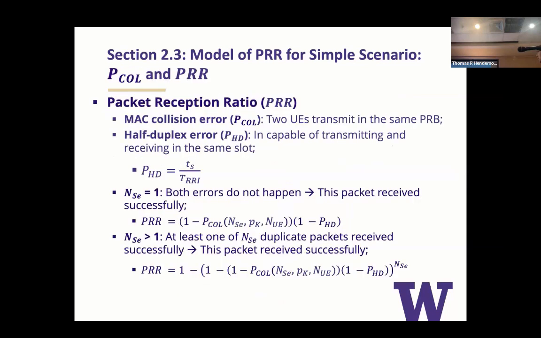Okay, now we focus on the packet reception ratio, which depends on the MAC collision errors and half duplex errors. Again, MAC collision errors happen if two UEs transmit in the same PRB.